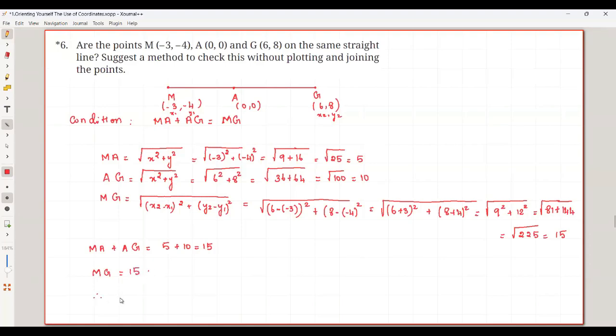Therefore, we can write MA plus AG is equal to MG. This is satisfying the condition. Therefore, these points are lying on the same straight line. You can just write therefore.